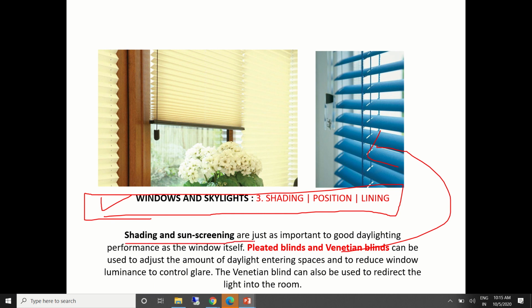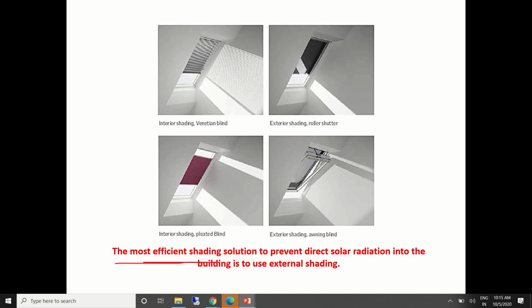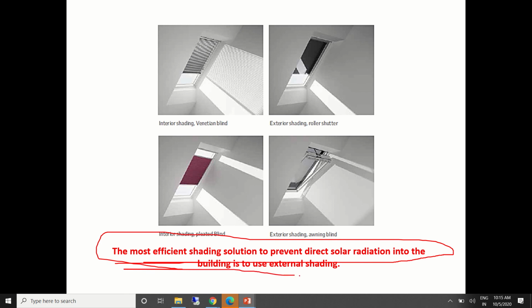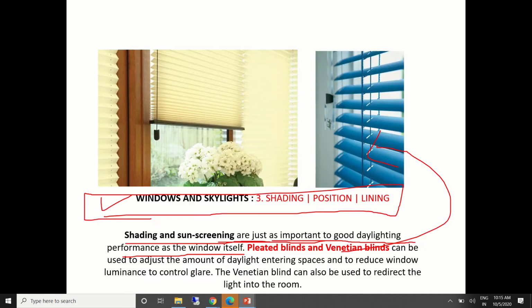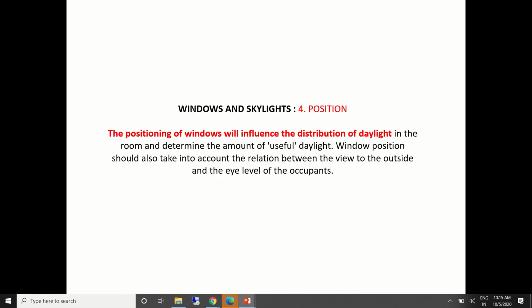Shading and sun screening is just as important to good daylighting performance inside room conditions. The most efficient shading solution to prevent direct solar radiation into the building is the use of external shading elements. That's what I was trying to highlight here.